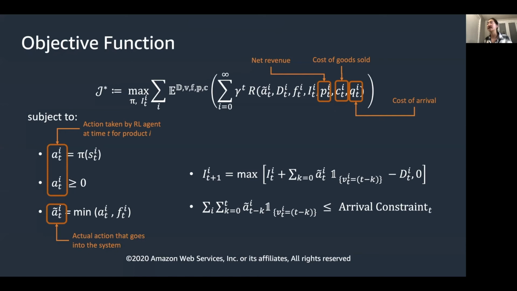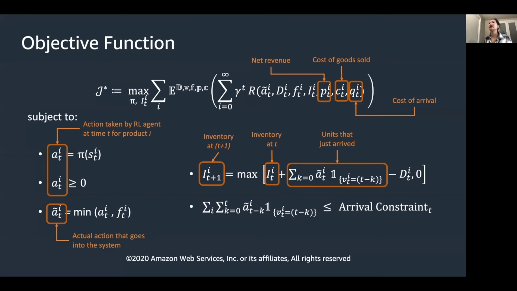Let's look at the transition of inventory from t to t+1 as well. So the left-hand side denotes the inventory at t+1 for product i. It is the maximum of two components. The first component in the first part is the inventory at t. It denotes the inventory level when you start the current epoch. And then the second component is the units that just arrived.